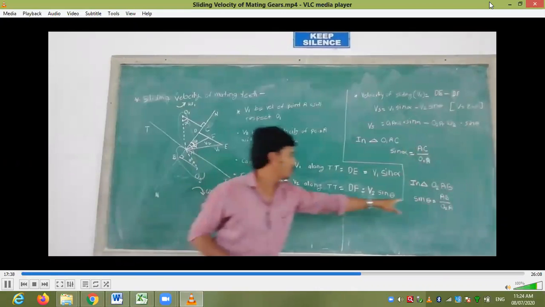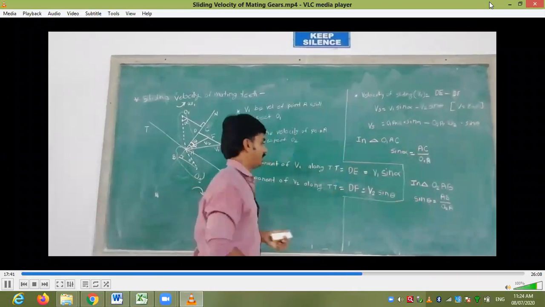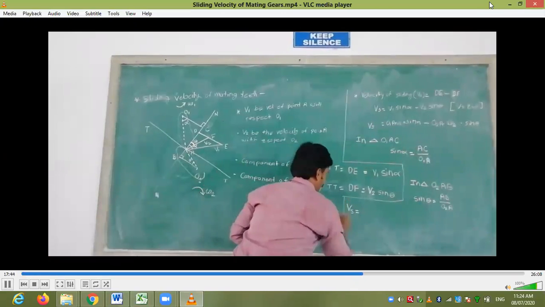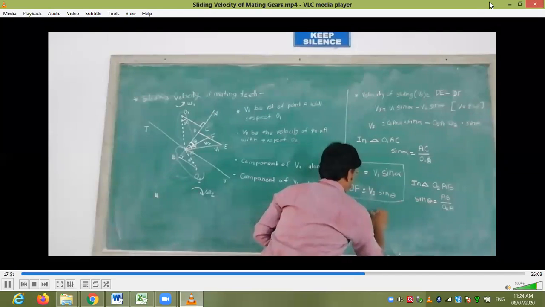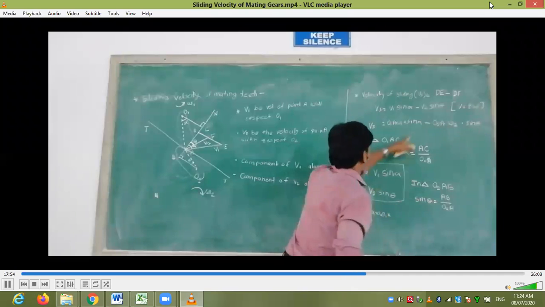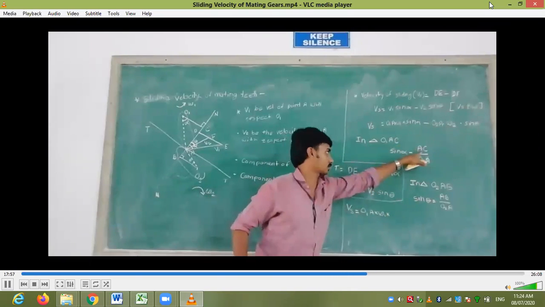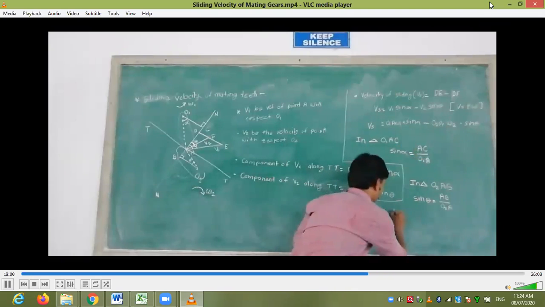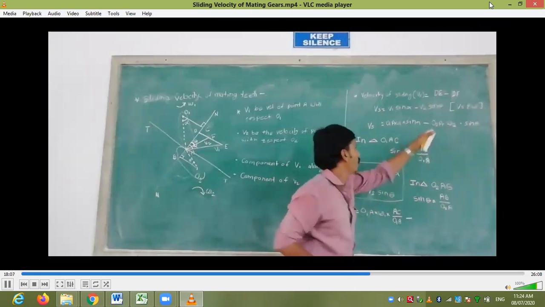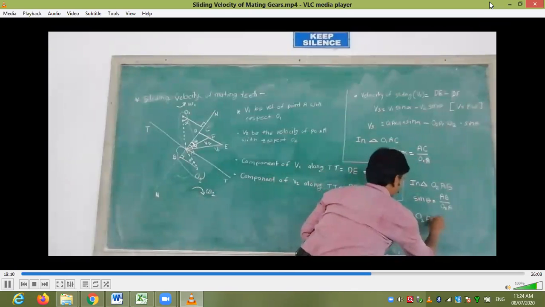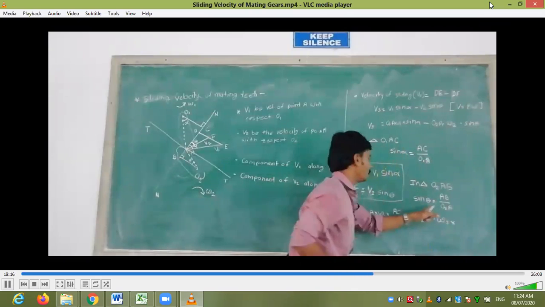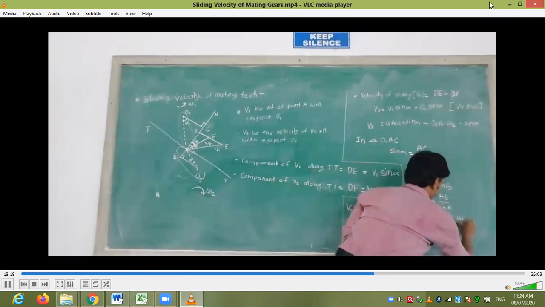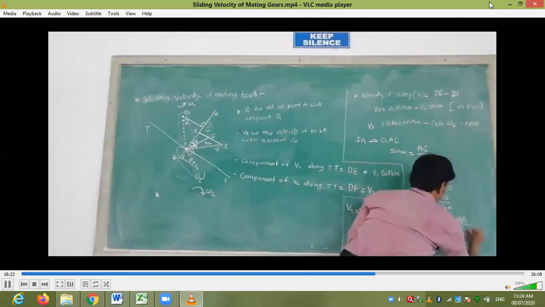If we put these two values in equation 3, then Vs is equal to O1A into omega 1 into sin alpha, which is AC divided by O1A, minus O2A into omega 2 into sin theta, which is AB divided by O2A.